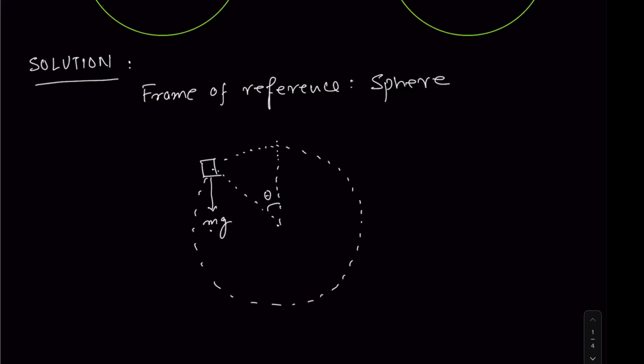Because the frame of reference itself is accelerating with value a naught in, let's say, the right direction, there is a pseudo force m a naught in the left direction, and then there is a normal reaction, which is perpendicular to the surface of the sphere. This will be the tangential direction of tangential speed. Now if this is theta, then this angle is theta and this angle is theta.